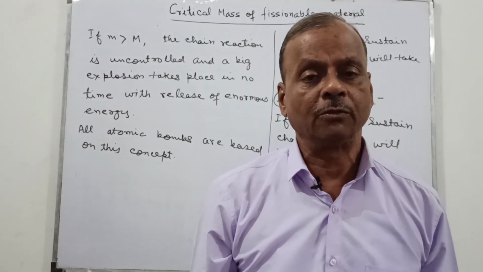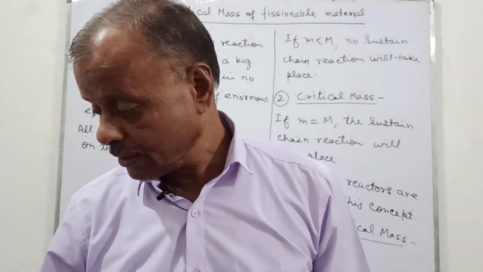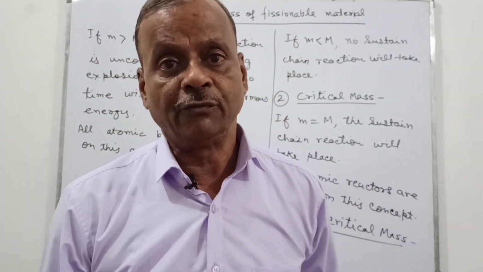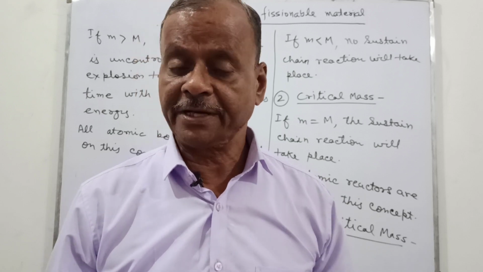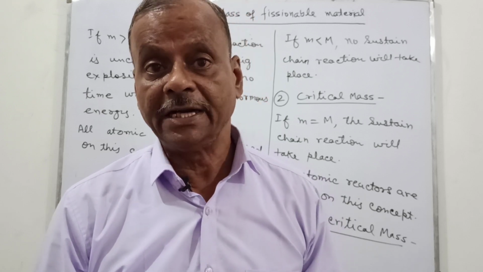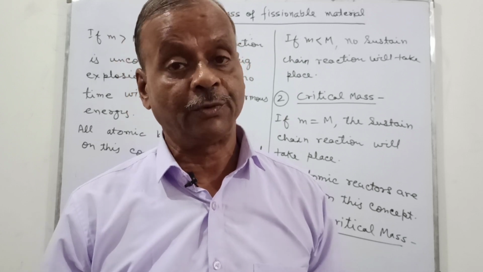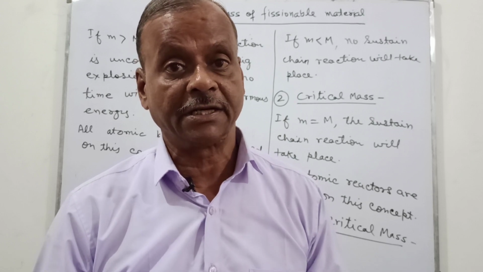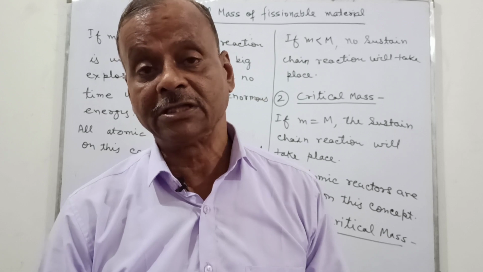There are two or more fragments of the fissionable material, each of mass less than the critical mass, and when this is dropped somewhere, all the fragments combine together and the mass becomes more than the critical mass. So a big explosion takes place and an enormous amount of energy is released, which causes the destruction of human life and all living beings.